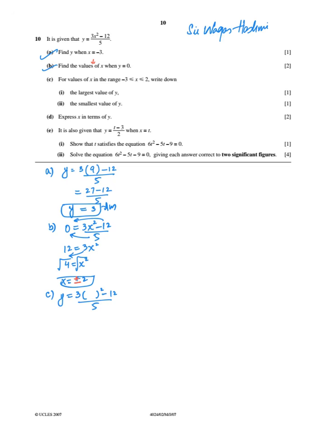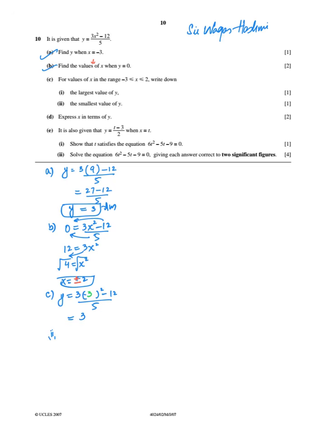Let's suppose we place x as 2, so 2 square is 4, 4 3s are 12, and it will be 0, right? At x equals 2, it will be 0. The largest value of y we get when x is minus 3, and the largest value of y we had solved in the first part as well, it is equal to 3.